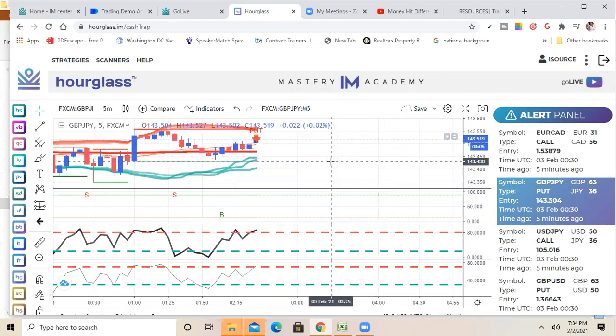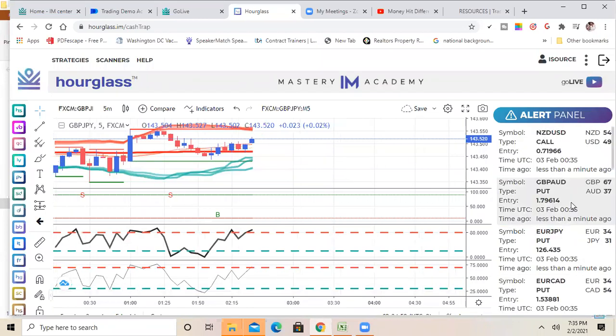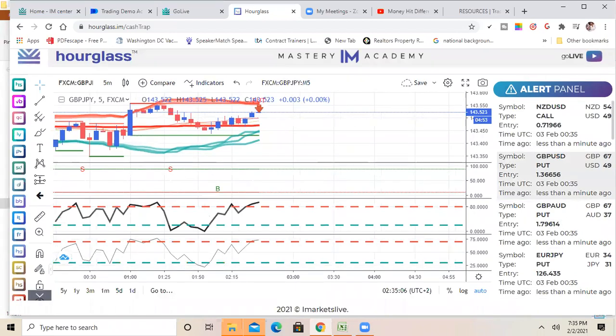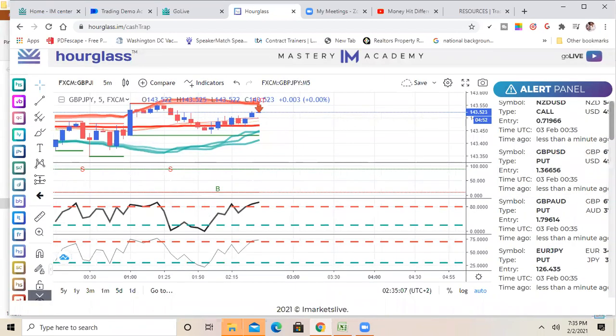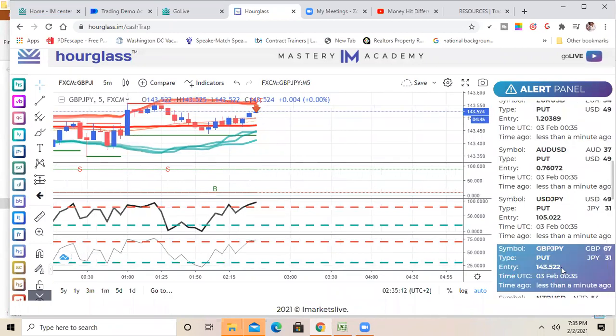All right, we're ready. We're about 5 seconds from this trade. All right, so we see how it shifted. It moved down a little bit. Now here it is, GBP, JPY.